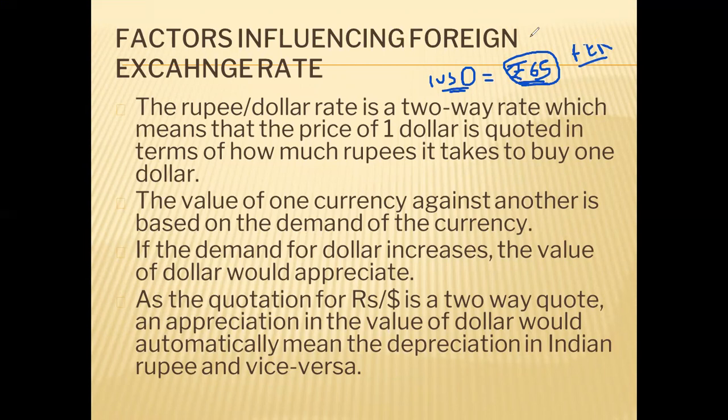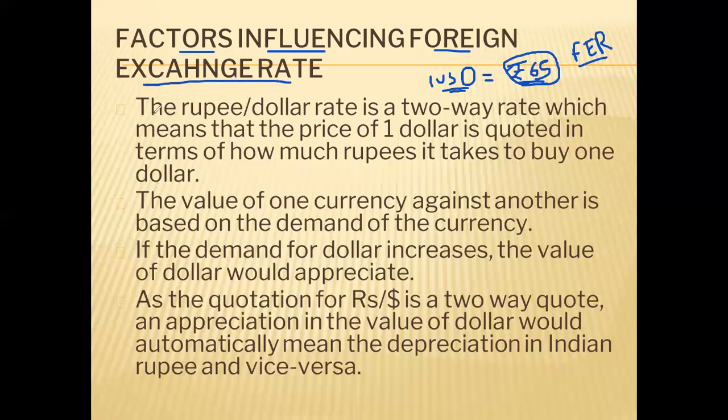Two-way possibilities are there, no? It may increase or it may reduce also. So why do these rates keep on changing? Why do these fluctuations happen in the foreign exchange rate? We will have to understand what factors are influencing the foreign exchange rates.